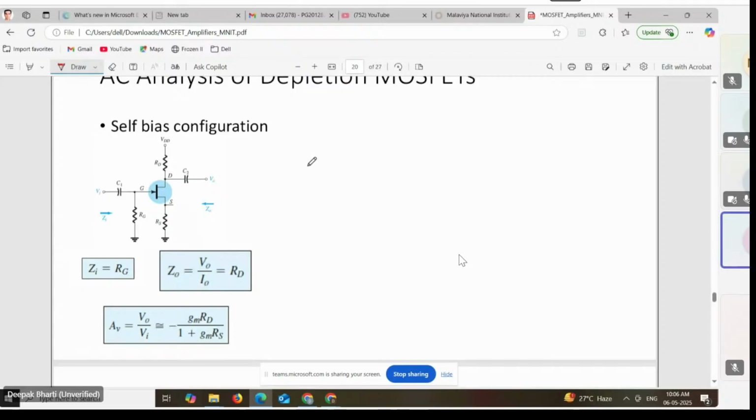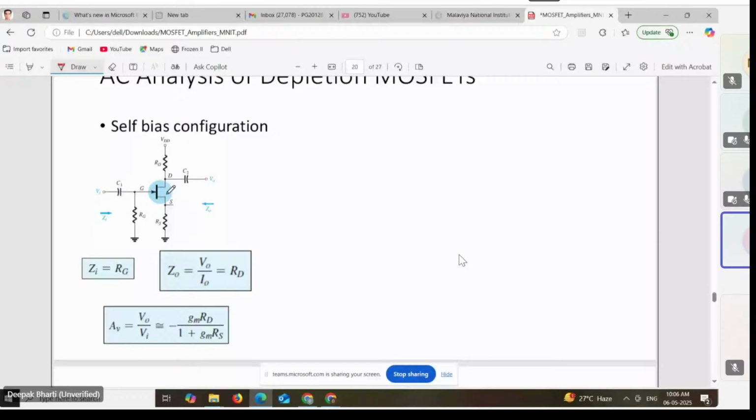So let's try to make the small signal equivalent for this network. First of all, we'll draw the small signal equivalent for this depletion MOSFET. So it is drain and source.